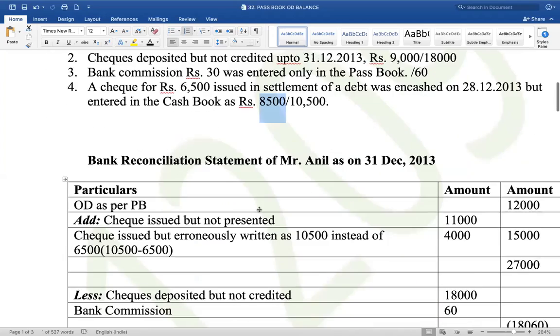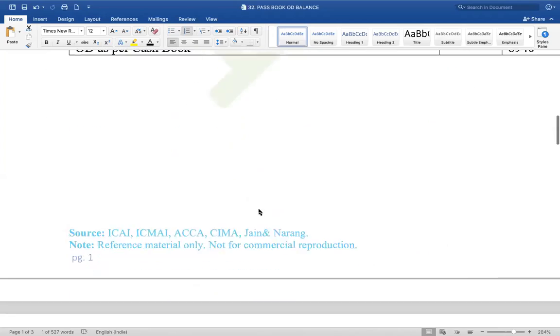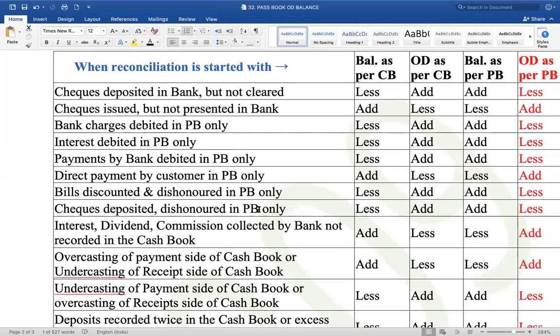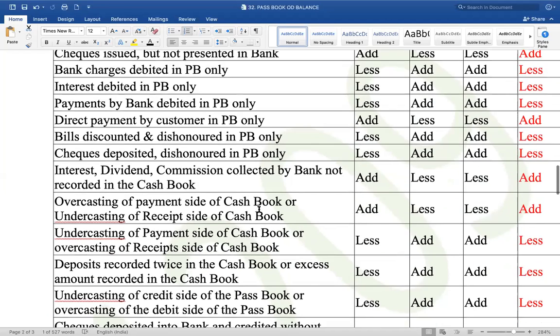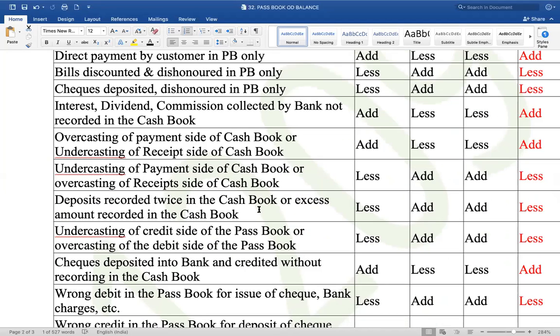So as a result, what happened? The total of payment side is more. Overstating or overcasting of payment side of the cash book. Overstatement of cash book.